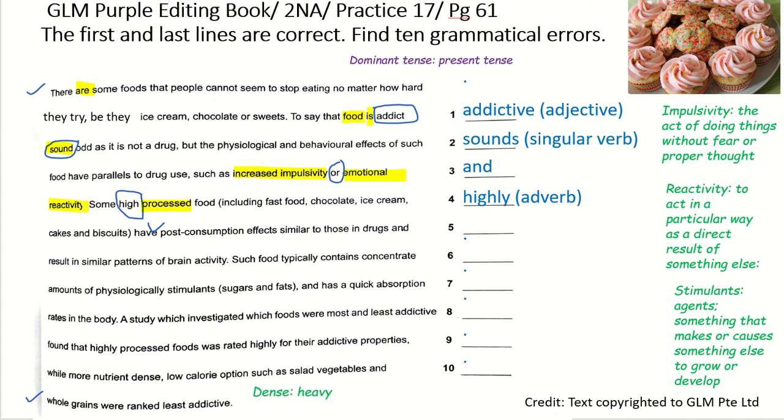So the some tells you that it is a plural subject. So plural subject, plural verb. Okay. So continue. Okay. So this processed food have post-consumption effects similar to those in drugs.